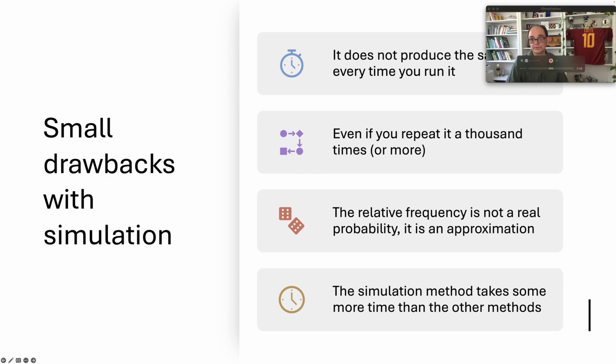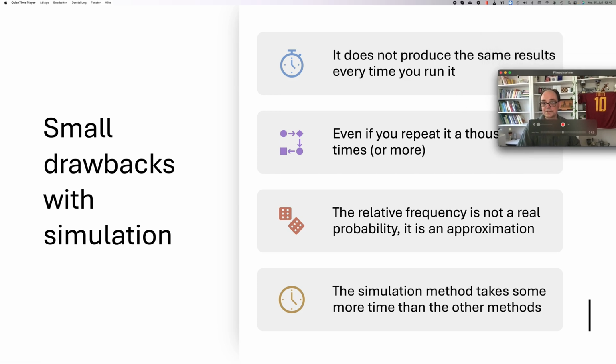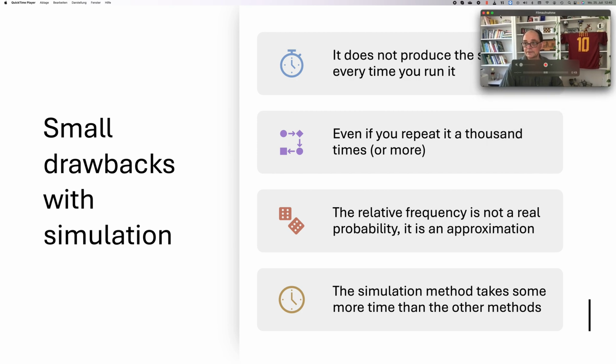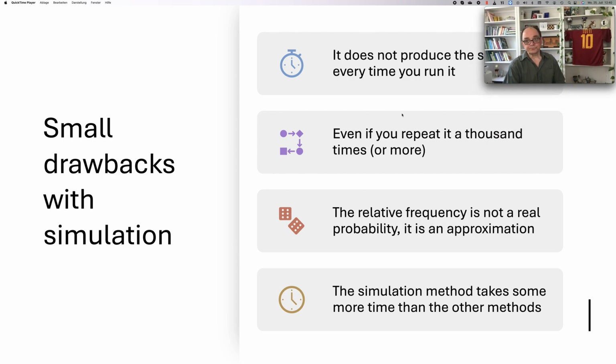There are small drawbacks with simulation. It does not produce the same results every time you run it. So simulation is kind of random, but of course after 1,000 times you could say it is approximating it, but it's not always the same result.